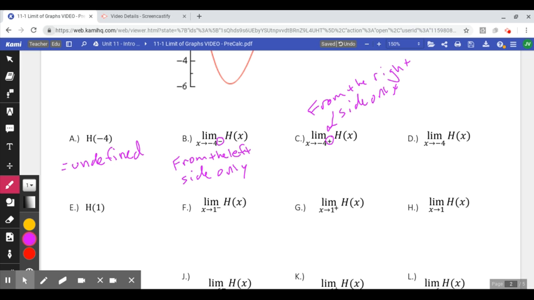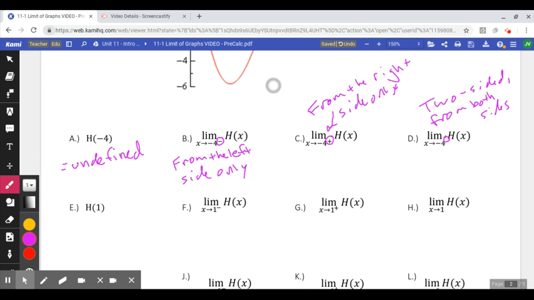Let's take a look at part D. Notice you don't see any symbol up here. So this is called a two-sided limit, where the function has to approach the same value from both sides. So let's work through B, C, and D then. We'll see if we can figure out what this is equal to.